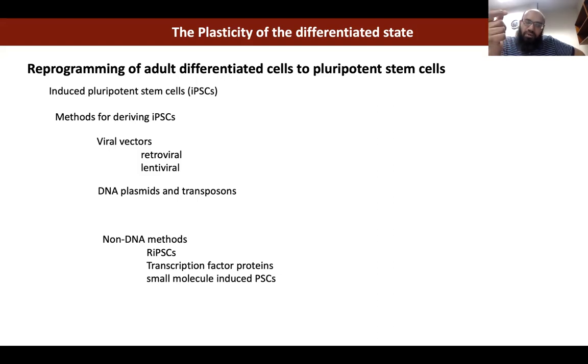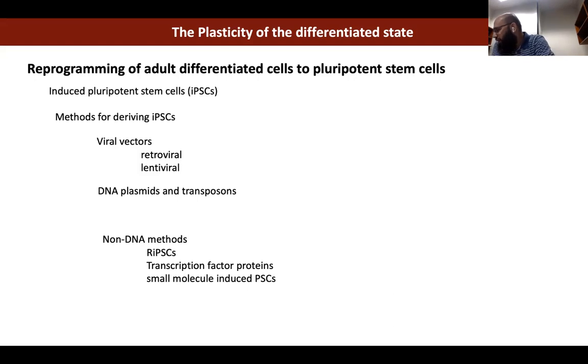So you cannot use them to transduce end cells. But the lentiviral vectors work in both end cells and cycling cells. This is an important consideration when you are trying to choose a cell line for making the induced pluripotent stem cells.